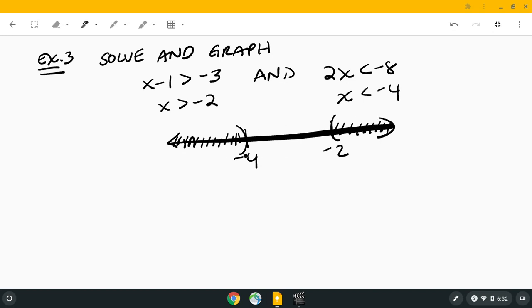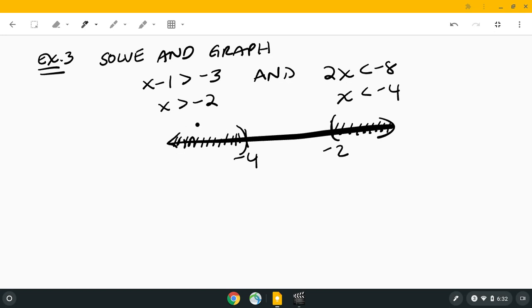They do not overlap. So there is no number x where if you plug it in here, it'll be greater than negative 3, and at the same time, this will give us less than negative 8. There is no x where this and this will be true.